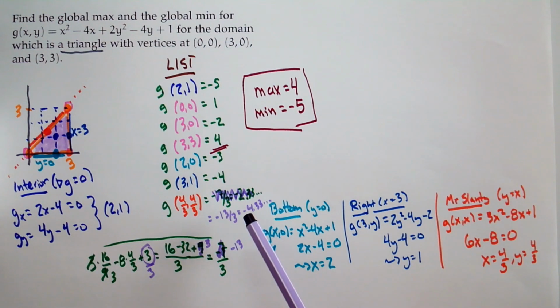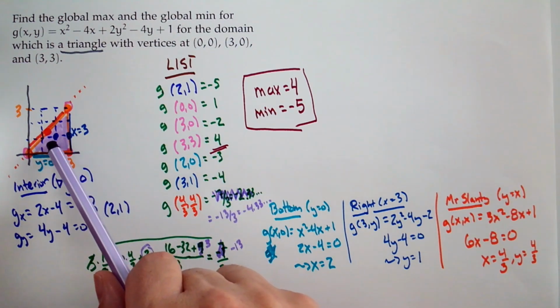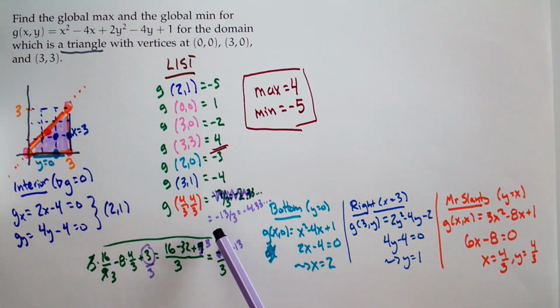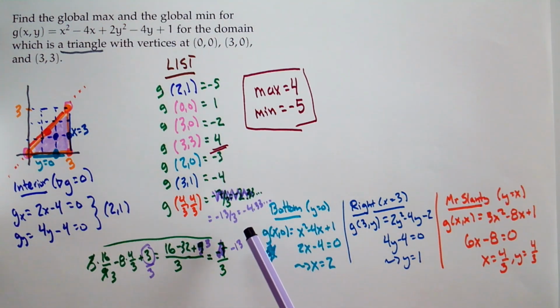If anything, we should have been suspicious because look at the point. It's close to the point 2,1, and therefore the value at 4/3 should have been close to negative 5. So given that we were kind of far off, that should have been a sign that, oops, go back and check your work.